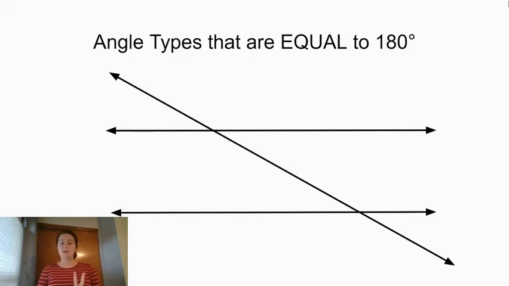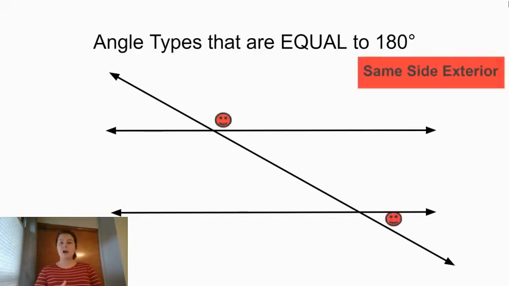Now there are 2 angle types whose 2 angle measures add up to 180 degrees, and we know those as supplementary angles. Our first one is same side exterior. Same side, remember, tells us they're on the same side of the transversal, and they are outside of our parallel lines. That's what exterior tells us.